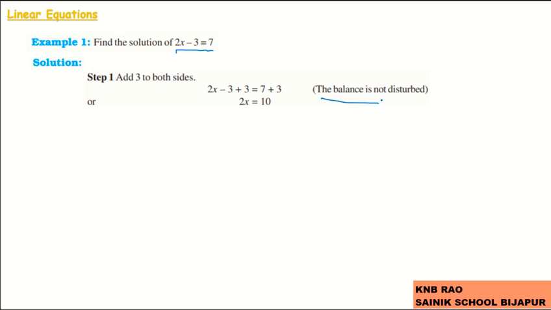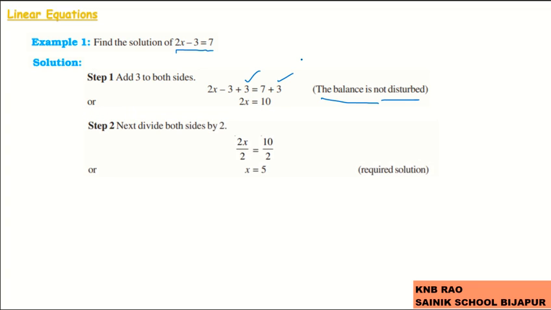The balance is not disturbed because of adding the same number on both the sides. So we have removed that 3, which is subtrahend here, by adding 3 on both sides, and in step 2 we got rid of the multiplicand 2 here by dividing both the sides by 2.